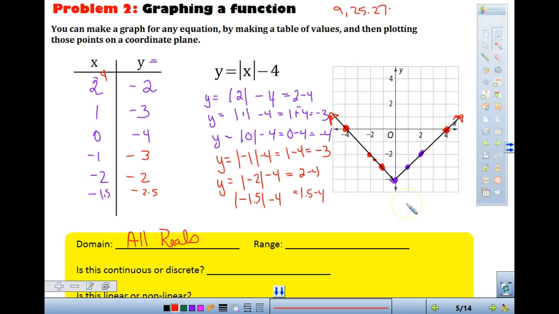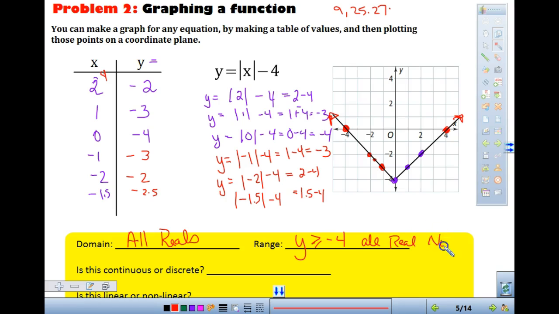Can we have -10 for a range? No. What's the lowest number we can have for our Y? So we want to say our lowest number is at -4, so our range is Y is greater or equal to -4 for all real numbers.